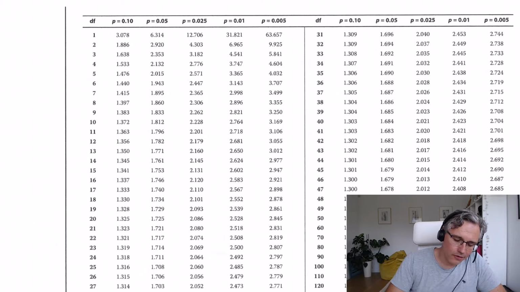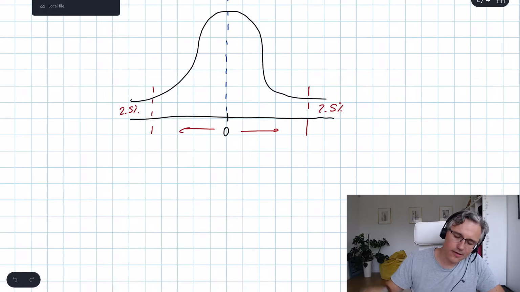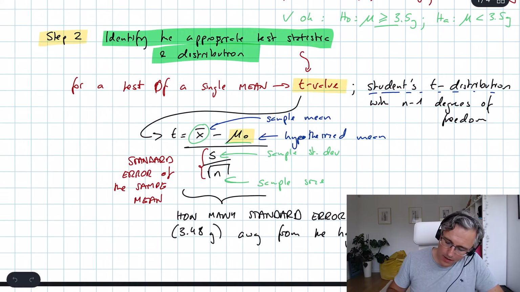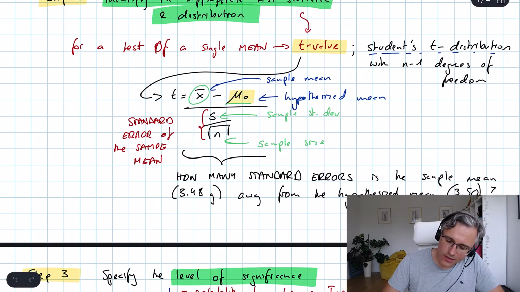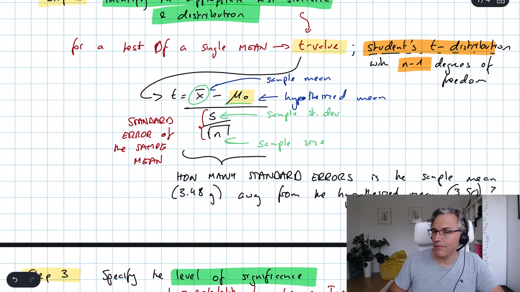What we've got on the left-hand side are the degrees of freedom. Now, this is the parameter that defines the distribution, and later I'll tell you more about it. But for now, let's just recall that we will be using the student's t-distribution with n minus 1 degrees of freedom.